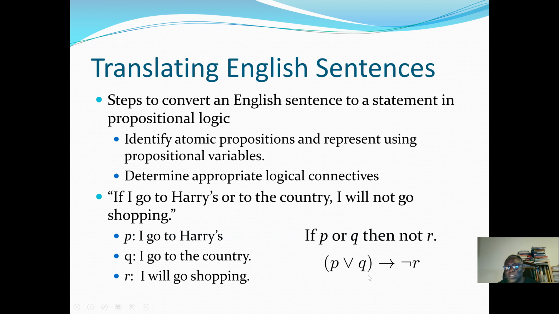So we can see we are using the symbol for or, which is disjunction. First I will represent, if I go to Paris, as P, and or is disjunction.